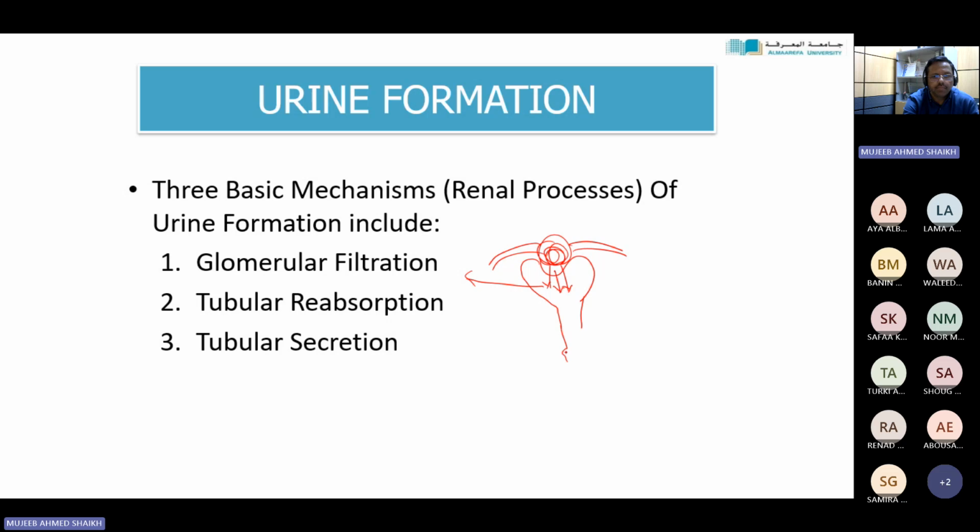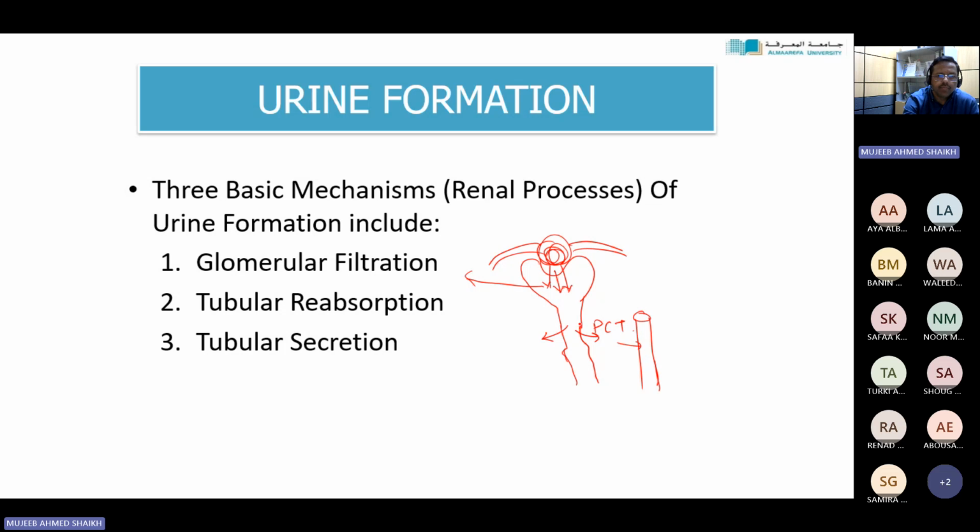Then it passes through the renal tubule, which has various parts. Here is the proximal convoluted tubule, where things which are required for the body are reabsorbed and added back into the blood. So this is called reabsorption.